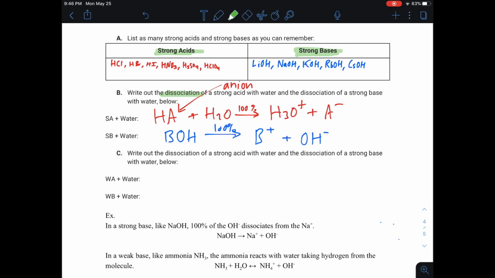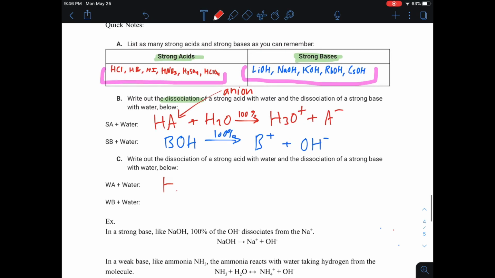Remember our lists up here? These are just the strong acids and strong bases. Any other acid or base is going to be weak. So it's the majority of them. For an acid to be weak, we still write the acid as HA when we're trying to show it symbolically. We can still include water.